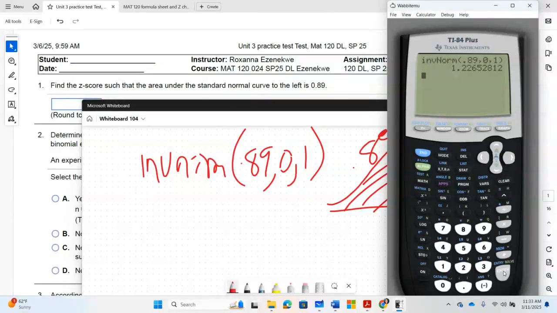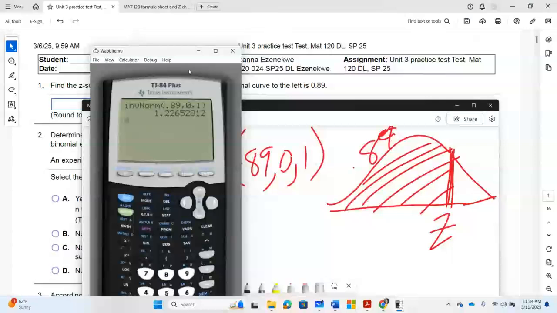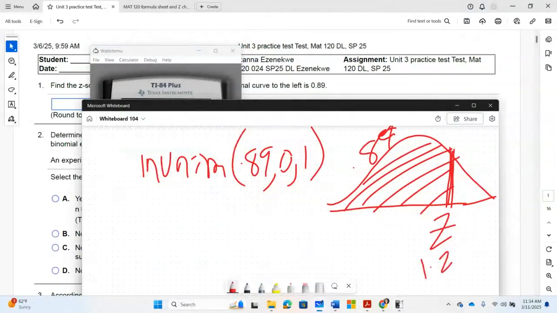Therefore, the z-score corresponding to the 89th percentile is 1.227.